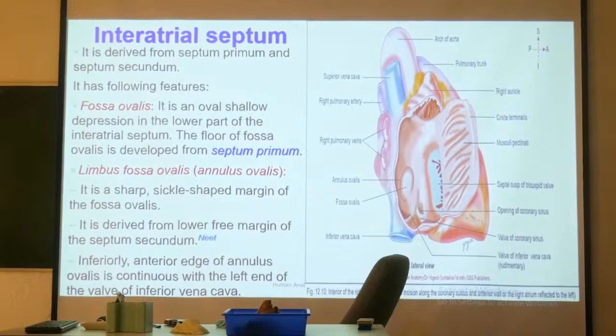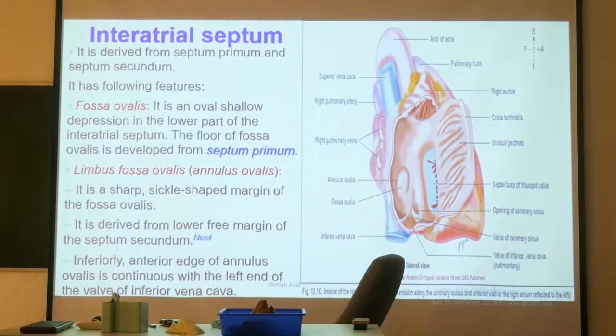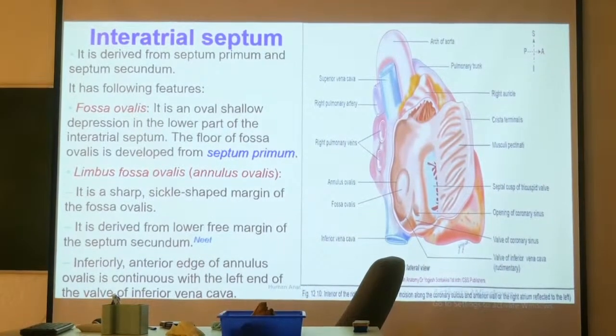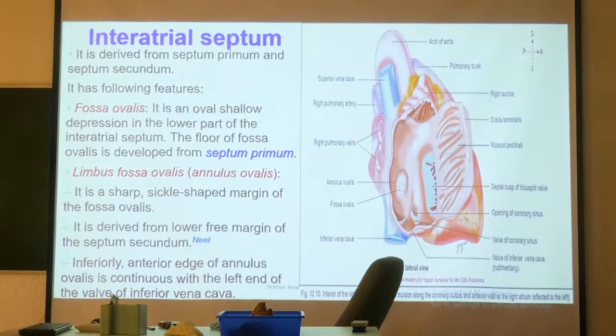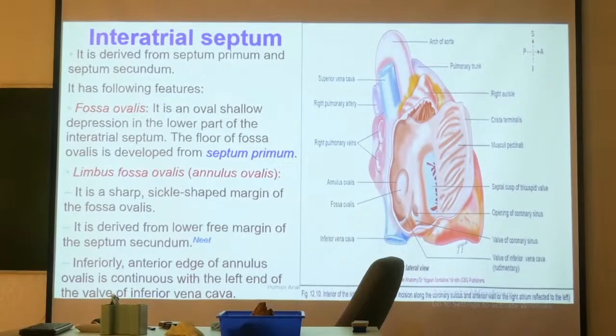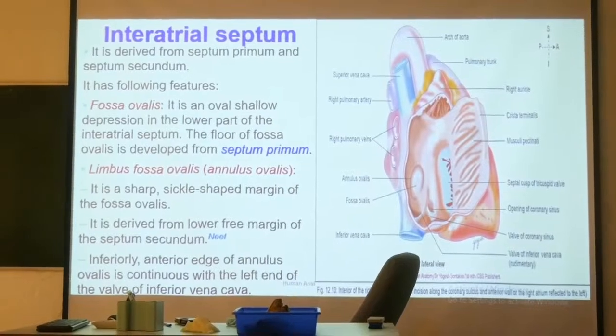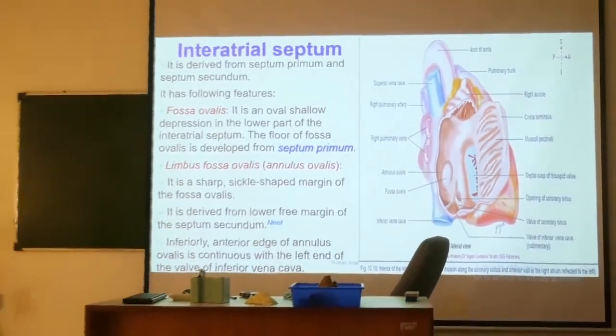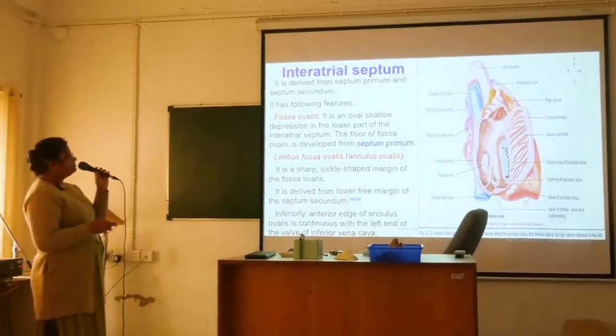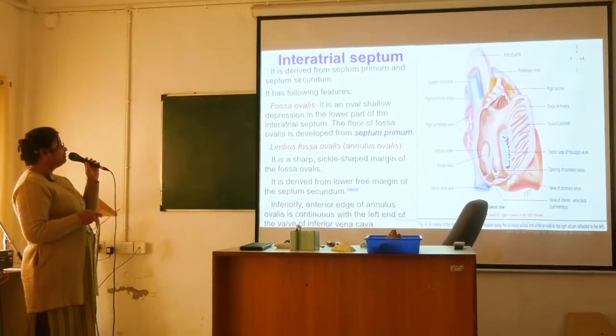Fossa ovalis is an oval shallow depression in the lower part of the interatrial septum. Here is the fossa ovalis, and the floor of the fossa ovalis develops from septum primum. Now, limbus fossa ovalis or annulus fossa ovalis. Here is the limbus fossa ovalis.